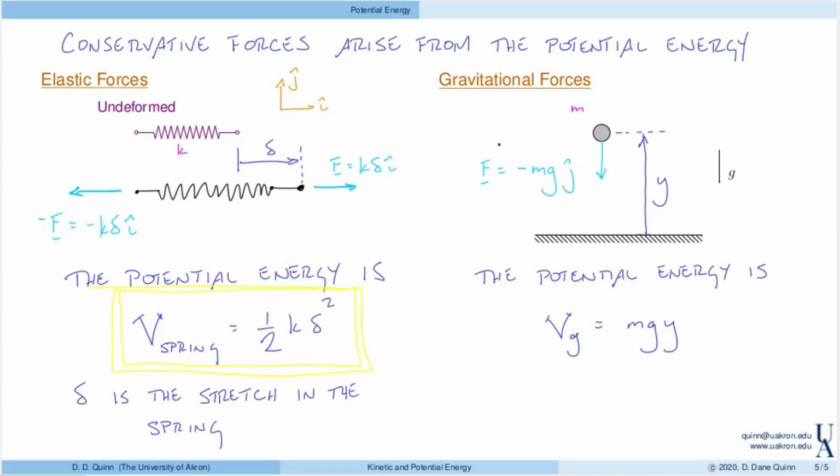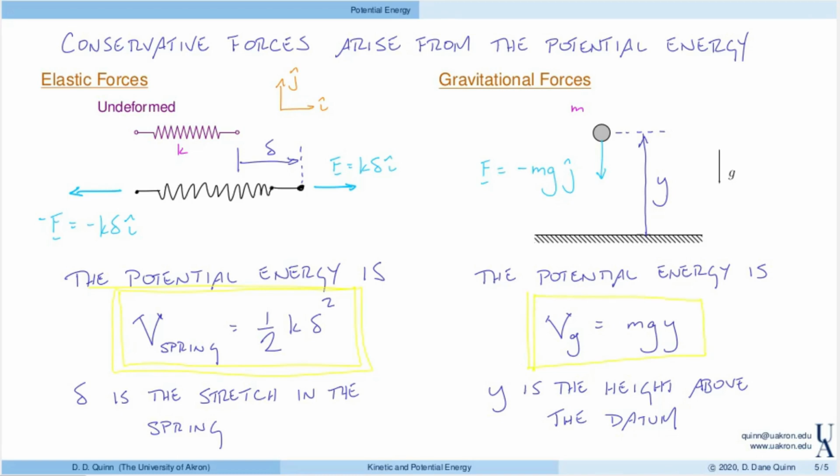And here, y is the height above the ground, or the datum. The datum is basically where we set the potential energy to be equal to 0.